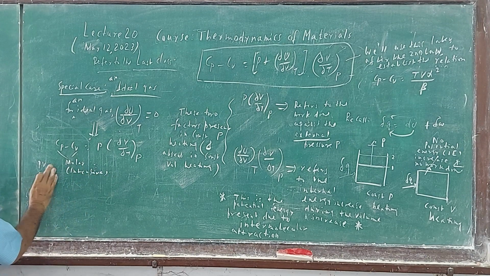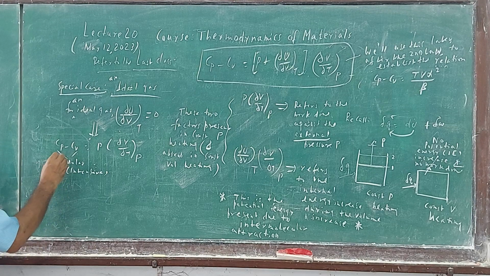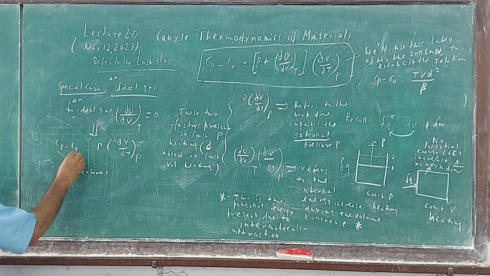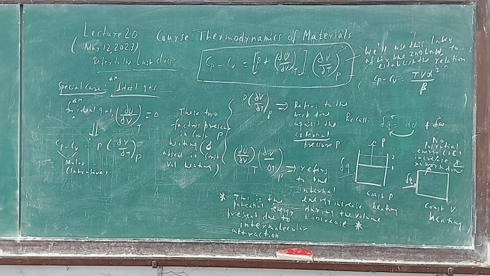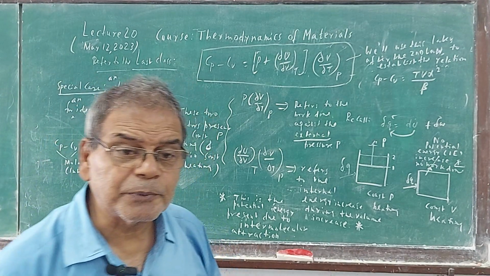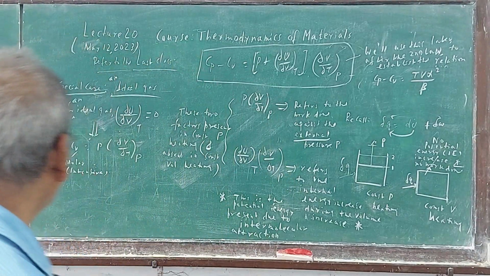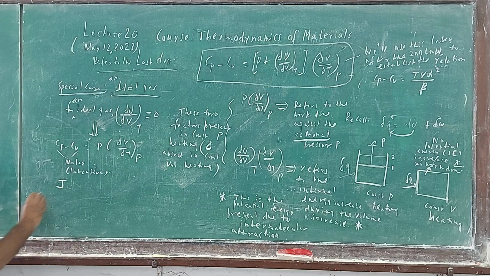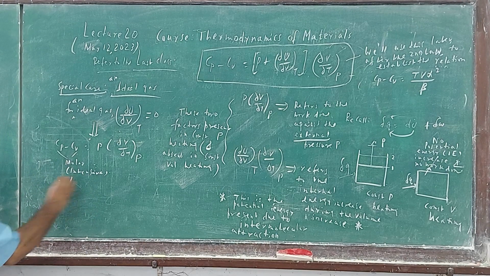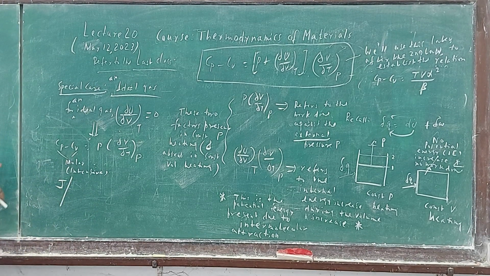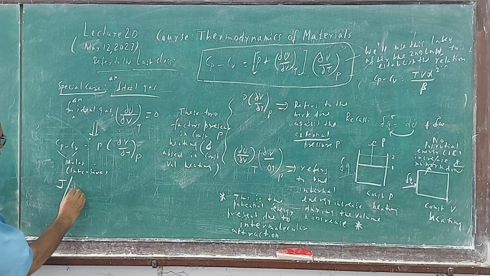What is the unit of Cp? Heat required to raise the temperature of a body per unit degree: joule per Kelvin per mole if it is molar. If it is not molar, it is just joule per Kelvin.